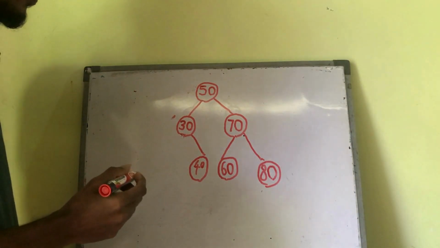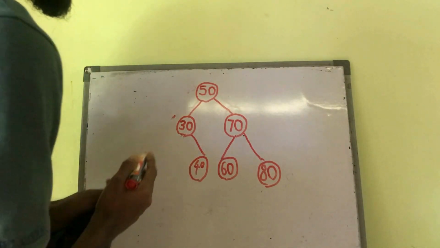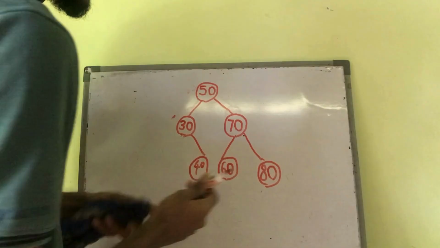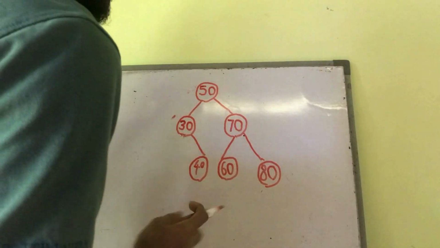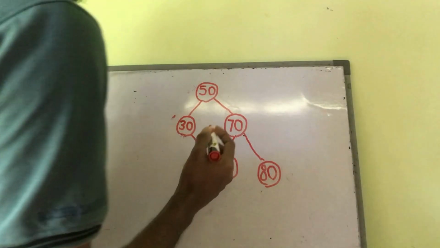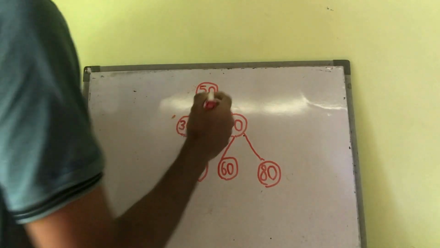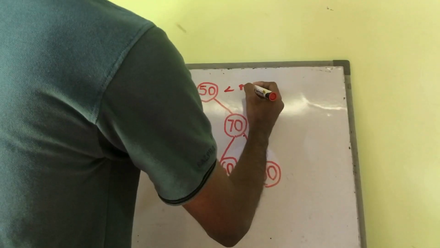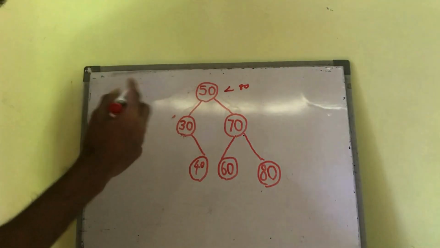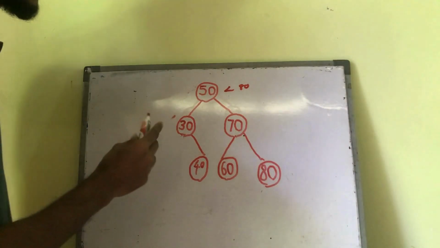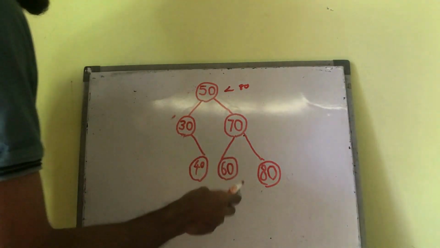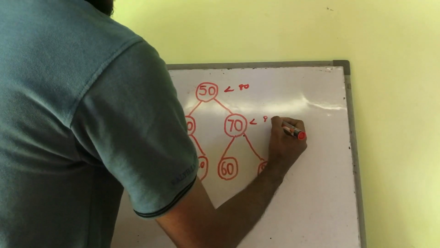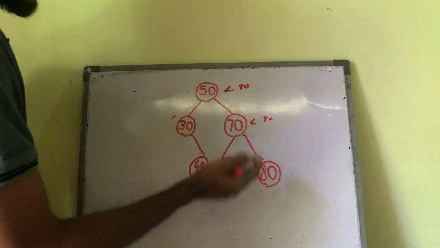We need to find another element we can remove. I choose 80, and we can apply the rules. 80 is greater than 50, so we need to travel to the right side. After that you can find the 70. 80 is greater than 70.